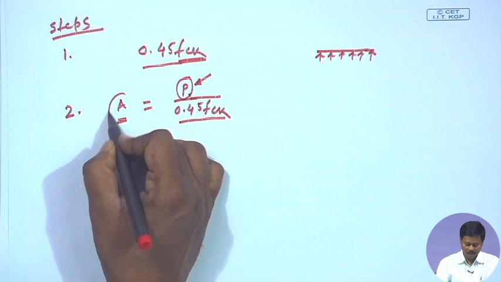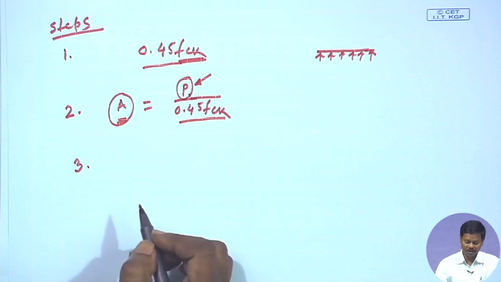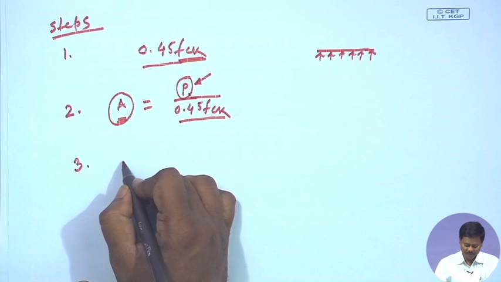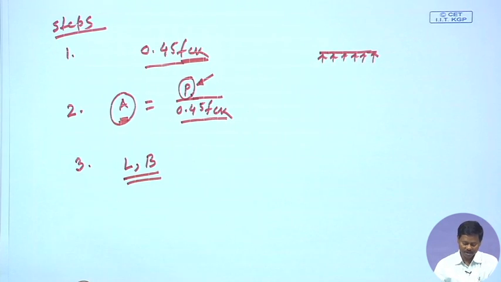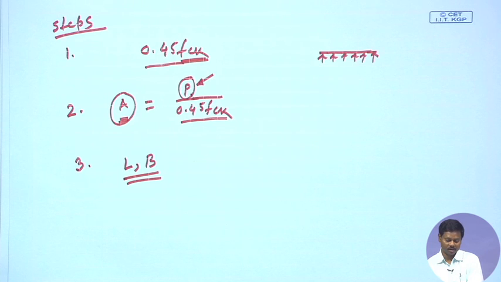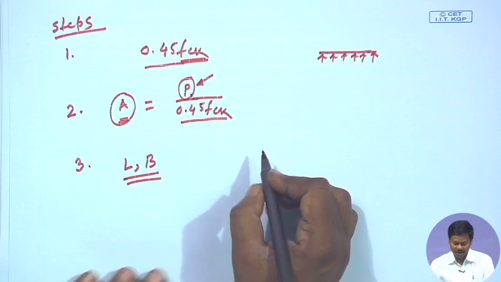Now, after getting the required area, we can find out the size of the base plate. Size of the base plate means what will be the L and B. Either we can provide a square base plate, right, or we can provide it with a certain length and breadth ratio. And for economy, as far as possible, we need to keep the projections A and B equal.